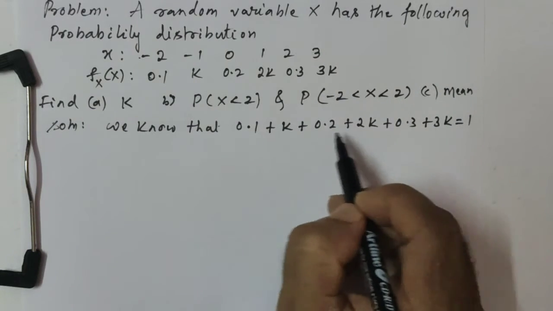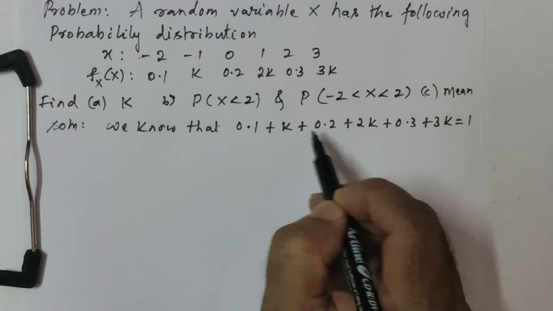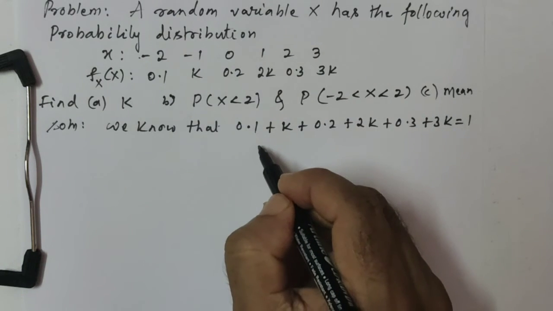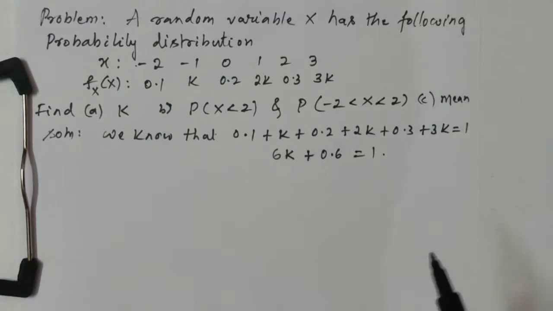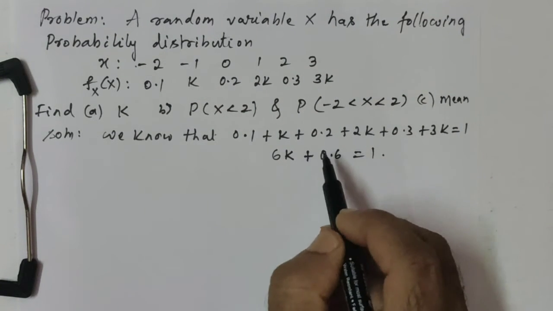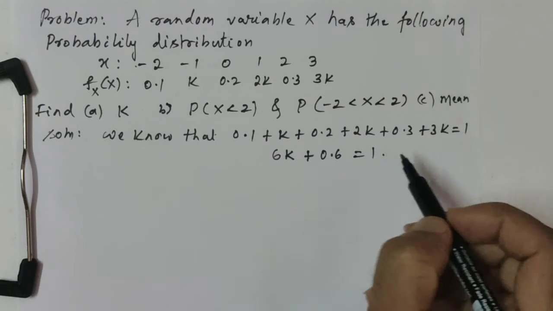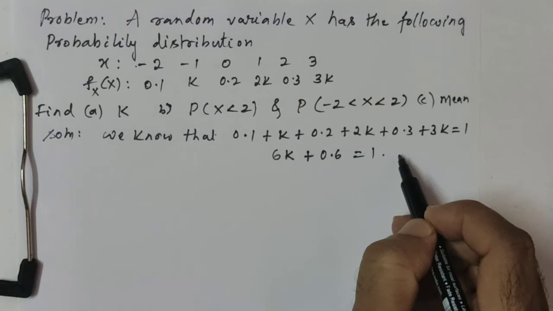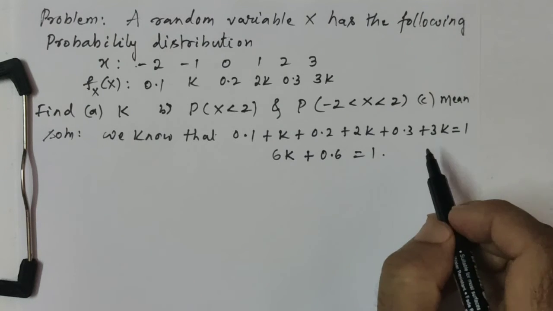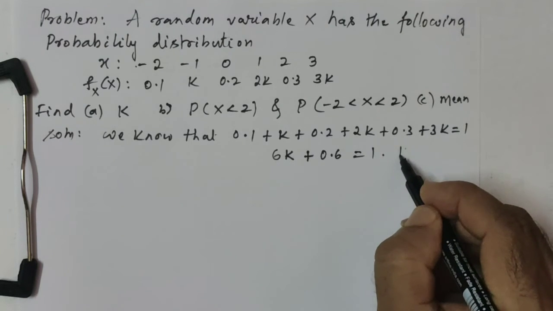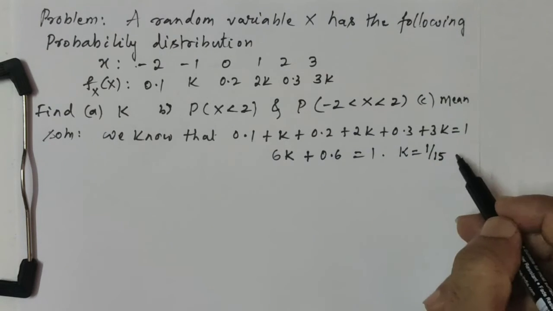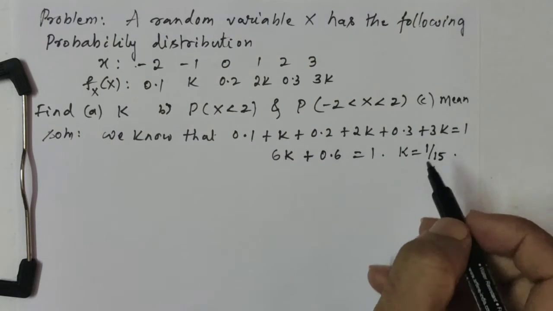Add these k's: 1 plus 2, 3 plus 3, 6. So we have 6k plus 0.6 is equal to 1. Shift it to the other side: 6k is equal to 0.4, or k is equal to 4 by 60, which can be written as 1 by 15. So the k value is 1 by 15.